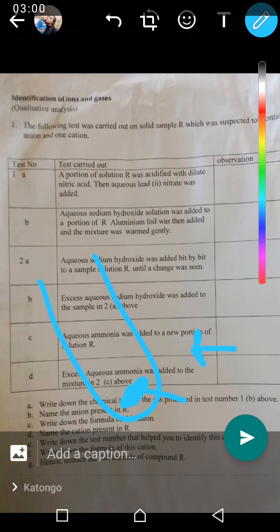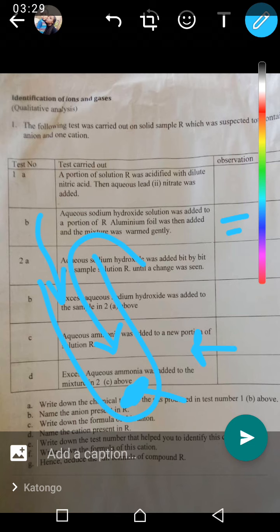When you finish adding R, what do you add? Sodium hydroxide solution. You put it in here. Then you add aluminum foil. They're saying then aluminum foil was added. So after that, you also add aluminum foil inside here. And whatever color you're going to see, you write here. If it became white or colorless, you write here. If there was no change, just say no change.